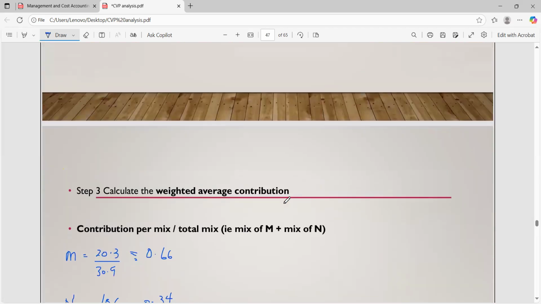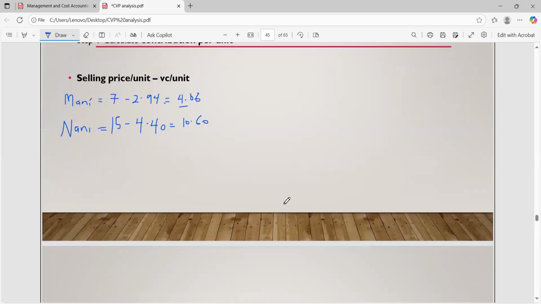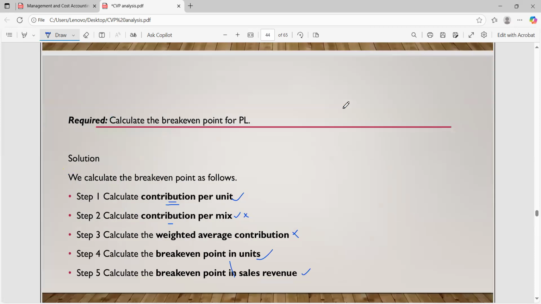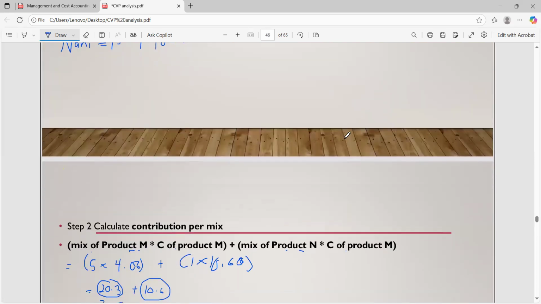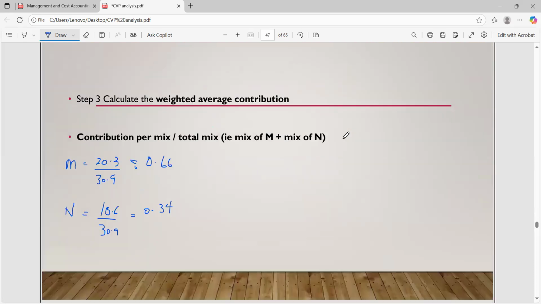So the fixed cost basically is here in the question, 1236. So you divide each by this one that you found here. So for M, you can easily tell his break even by dividing it by the weighted average. Then for N, you divide it by this too as well.